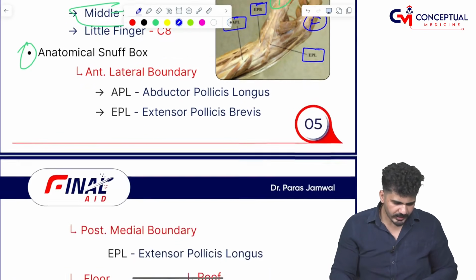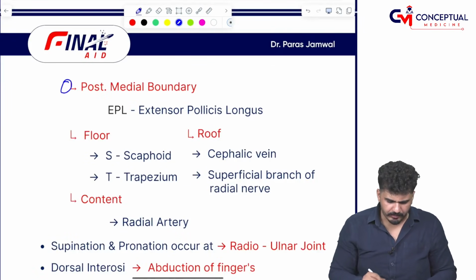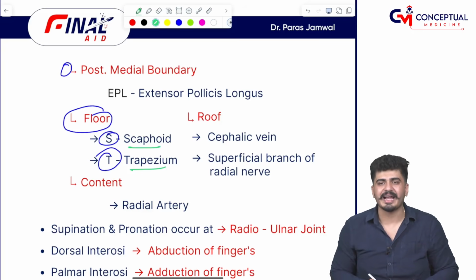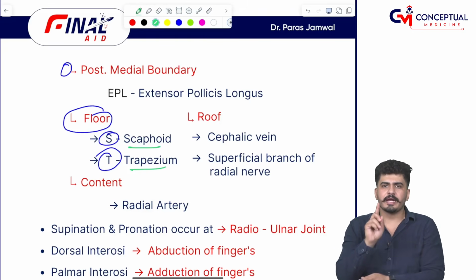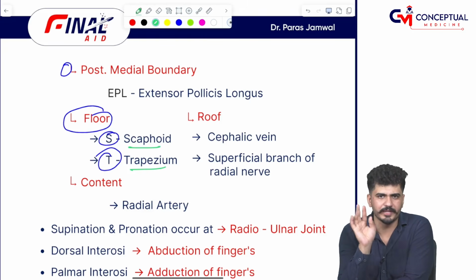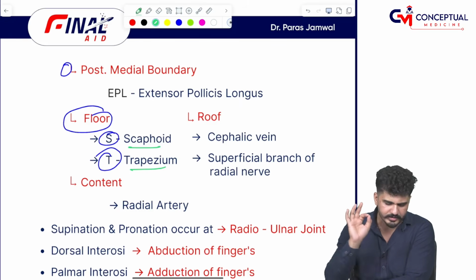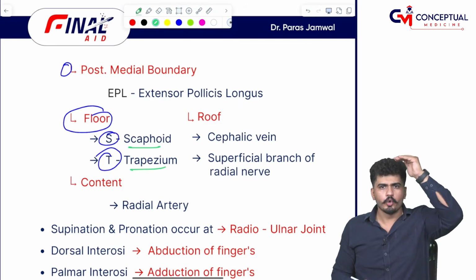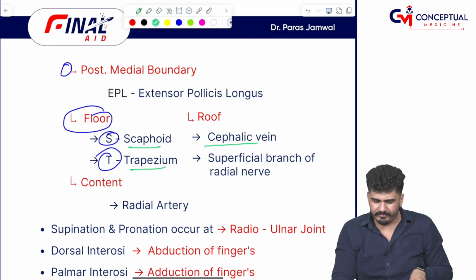Okay? Done. Now the posterior medial boundary we have done. Now the floor is formed by ST, that is scaphoid and trapezium. Very simple, sir. Lateral, two boundaries. What are the two boundaries? Please write meanwhile in the chat box. Then coming to the floor, ST, scaphoid and trapezium. Now the roof is formed by the cephalic vein and the superficial branch of the radial nerve.